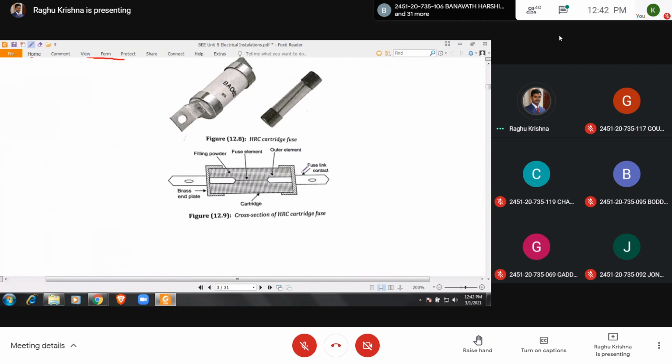So here, fuse link contact. You have two end plates. This is one end plate, this is another end plate, and you have this contact. So this is about the HRC cartridge fuse.